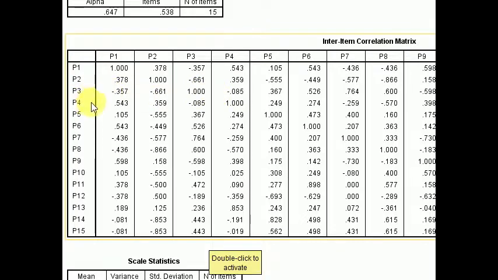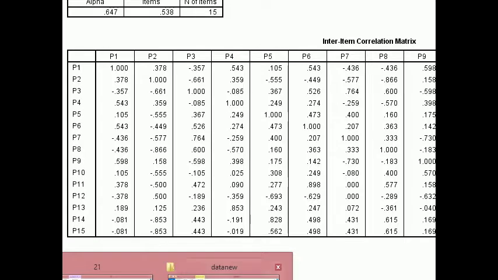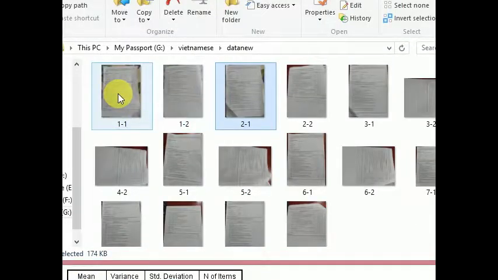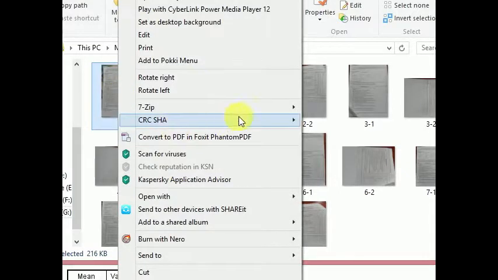That means you have a little problem with perception question number 3, so I have to look at the data again.